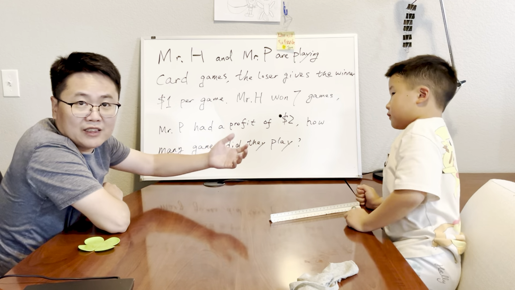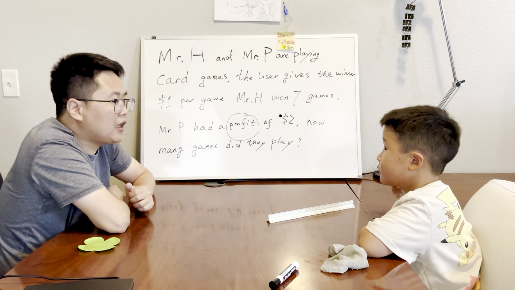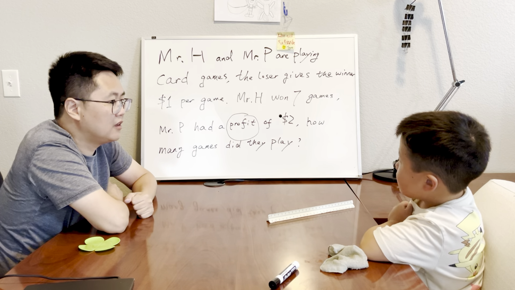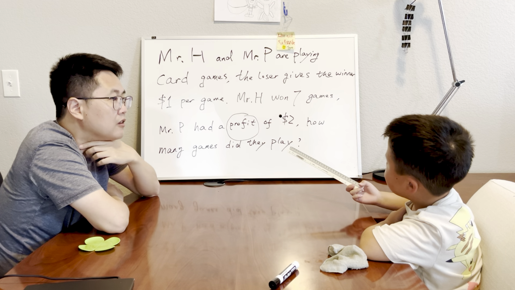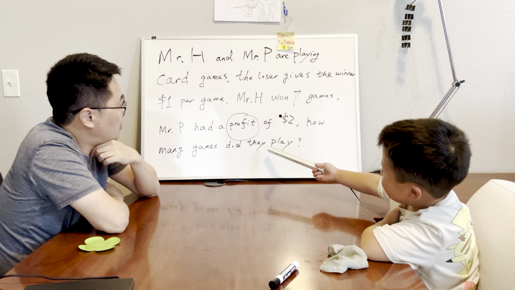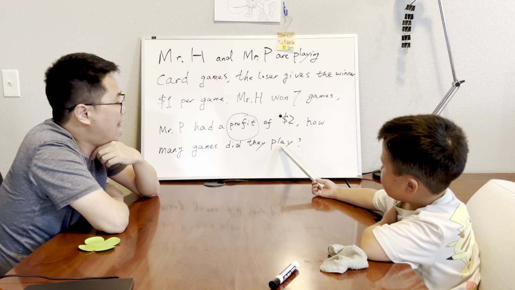What do you think? Do you understand what the profit actually is? Tell me, how do you understand what the profit actually is? The profit is like the thing the player has at the end.